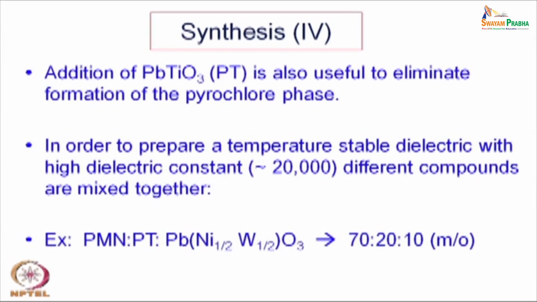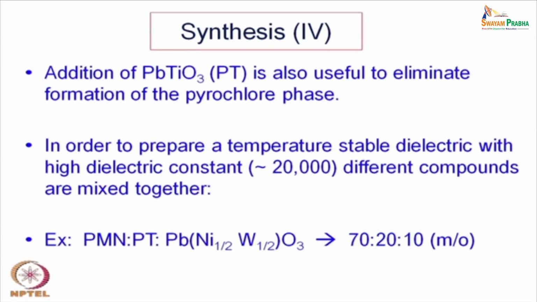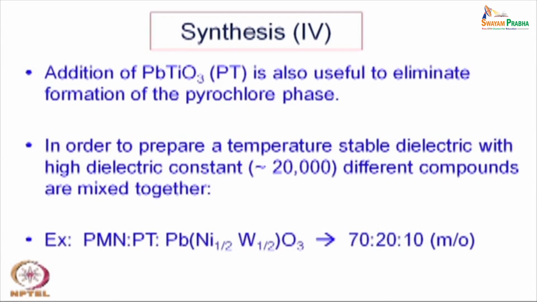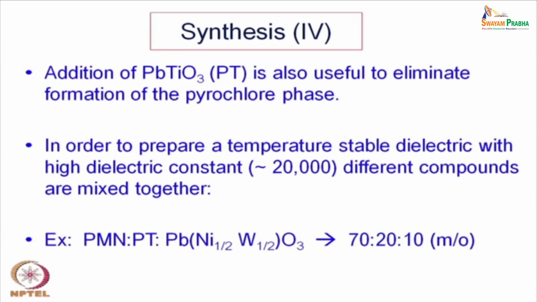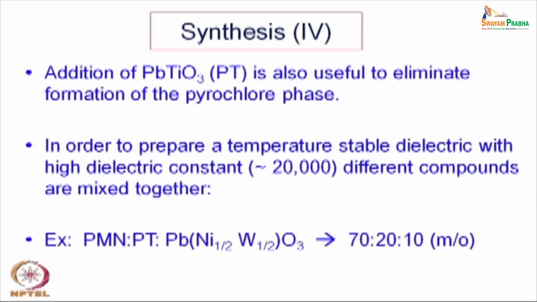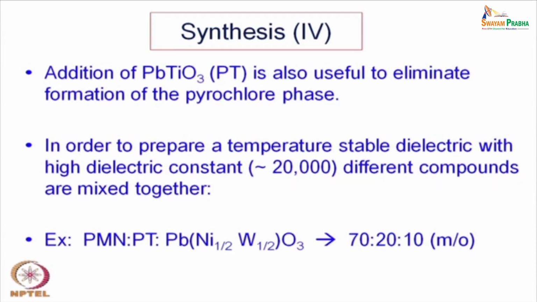So, one example is PMN with PT, PT meaning lead titanate, and lead nickel tungstate. Some amount of nickel tungstate is also added, which also has a relaxor ferroelectric structure. So, this solid solution is sometimes used for practical purposes.